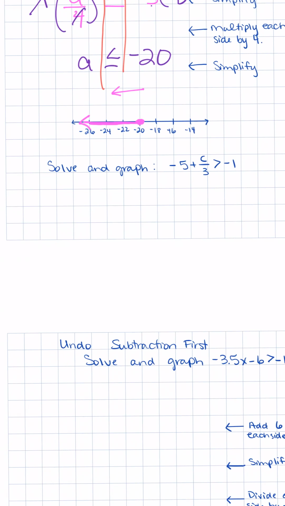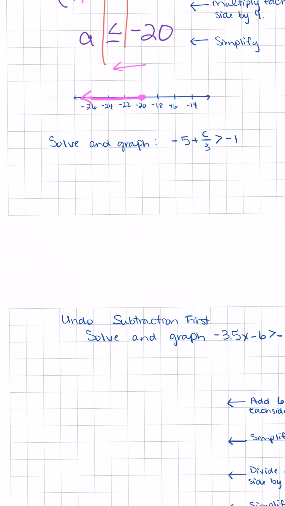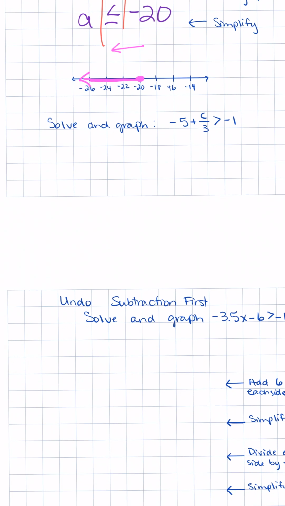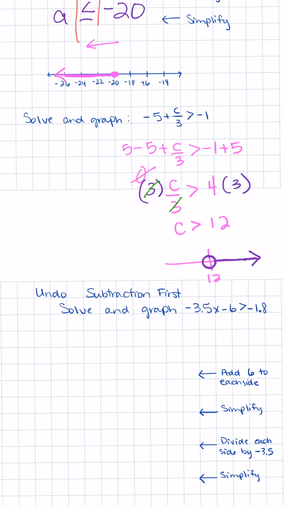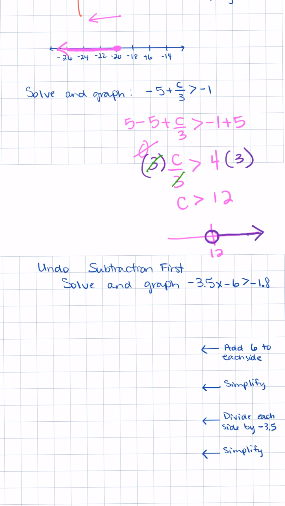So why don't you try this next one? Solve and graph -5 plus c over 3 is greater than -1. Okay, so you should have got C is bigger than 12. And notice my graphing, it's an open circle and the arrow is going to the right.